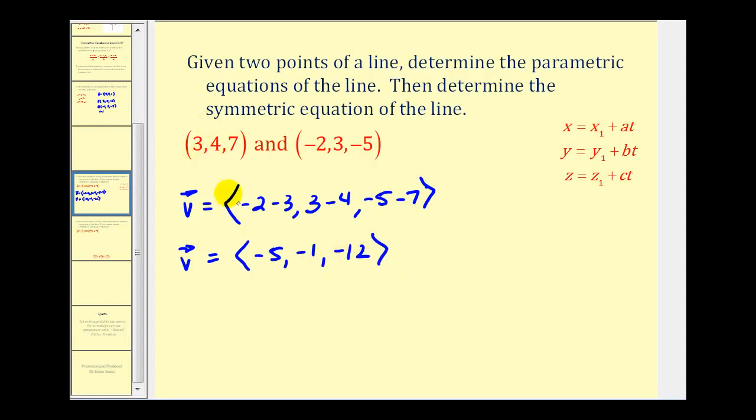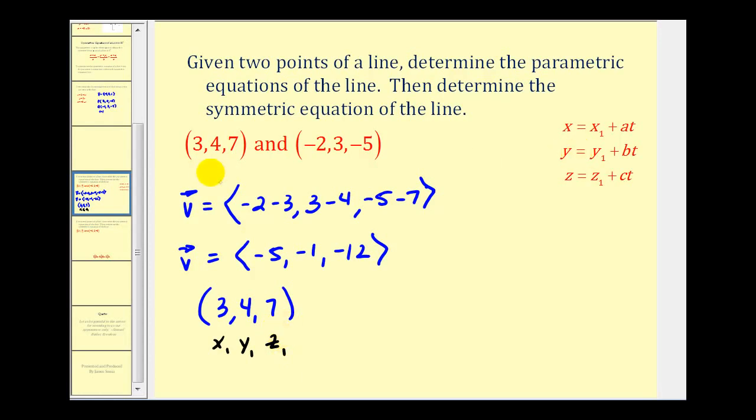And again, we'll go ahead and use the first point, 3, 4, 7, to represent x sub 1, y sub 1, and z sub 1. But we could use any other point on the line if we wanted to.